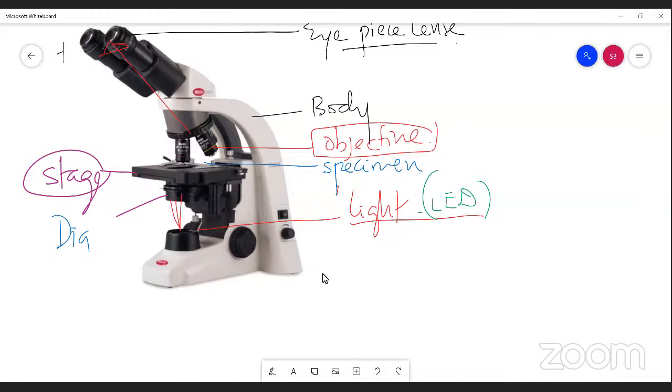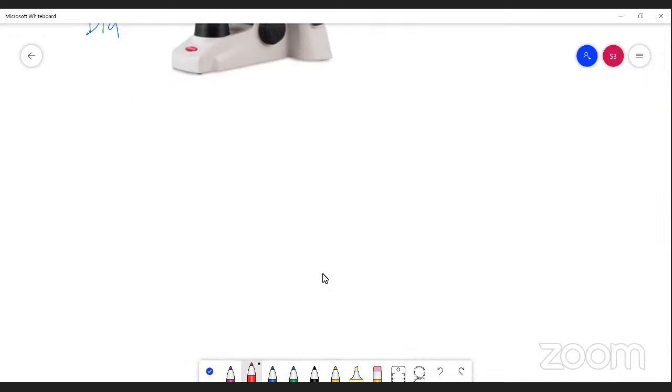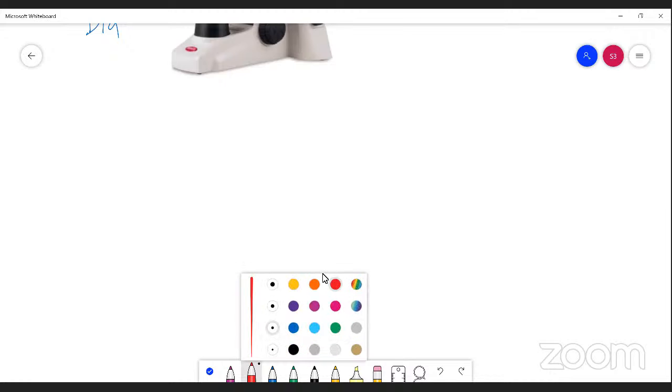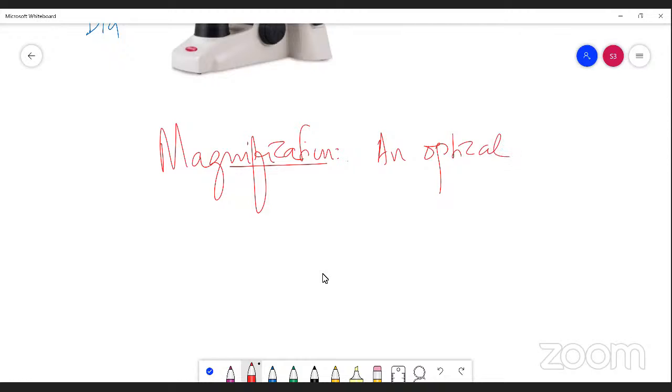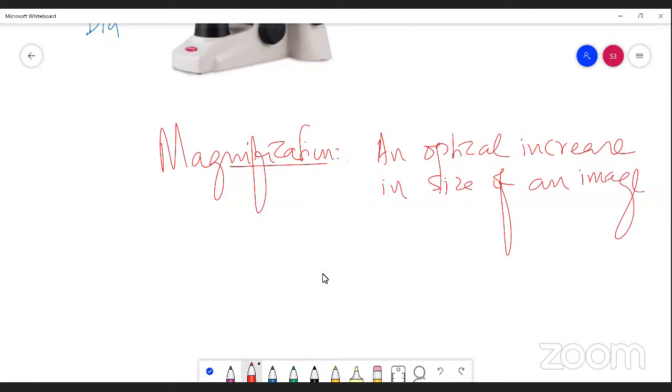Dear student, you have to understand what magnification is. Yesterday we discussed magnification. Magnification is an optical increase in the size of an image when we place it under the microscope.